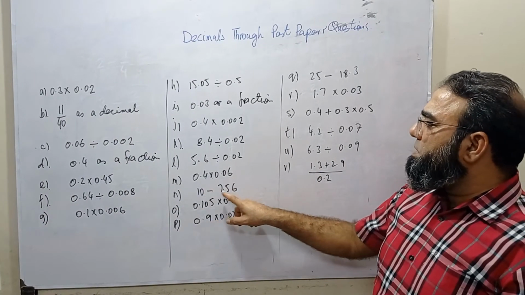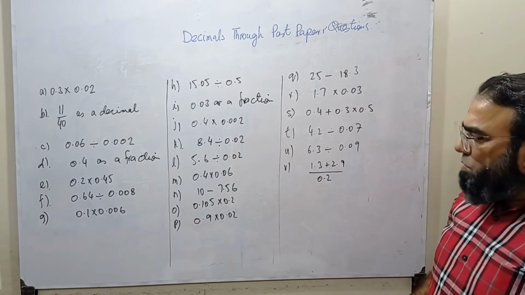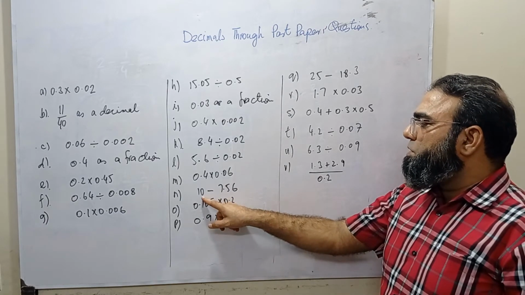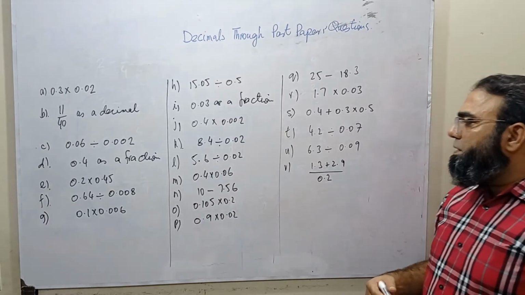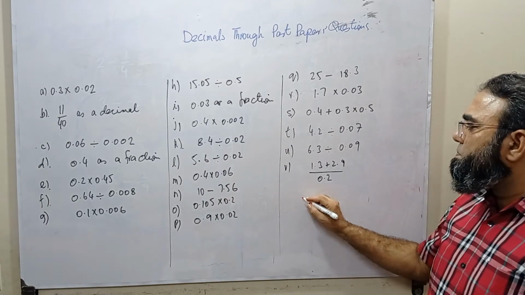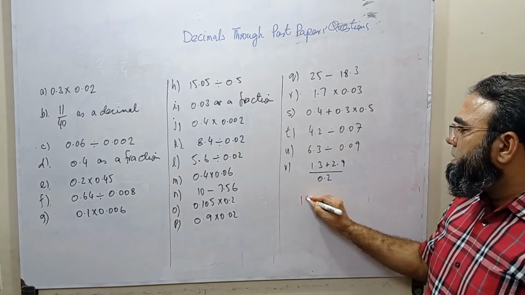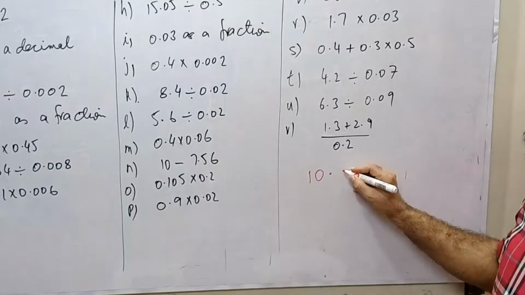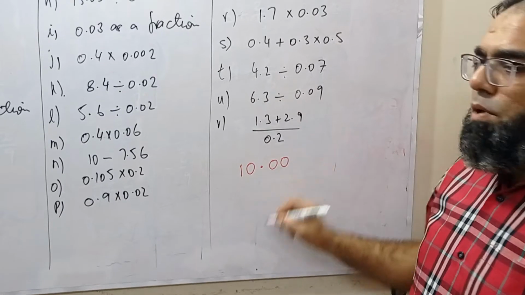So it's 10 minus 7.56. We have to take 7.56 away from 10. You can see that there is no decimal, so you can always put a decimal. This is 10, okay? And I will have to write it as 10.00, okay?